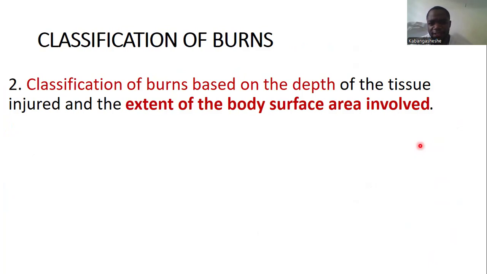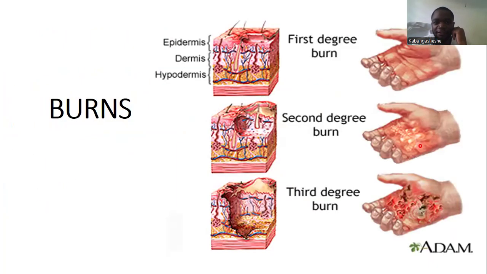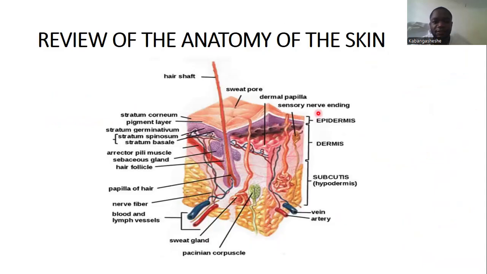Classification based on extent and depth of body surface area looks at which layers of the skin are affected. So the skin has the following layers. We have the epidermis, composed of epithelial tissue or epithelial cells.